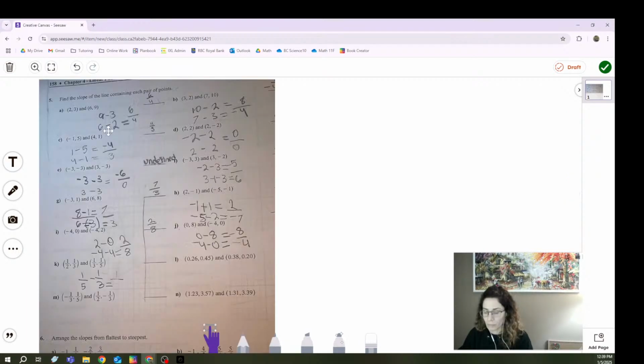Okay, so the first part was find the slope of the line. Okay, what was that slope formula? Yeah. What was the symbol for slope? That's the linear equation, but what's the variable for slope?